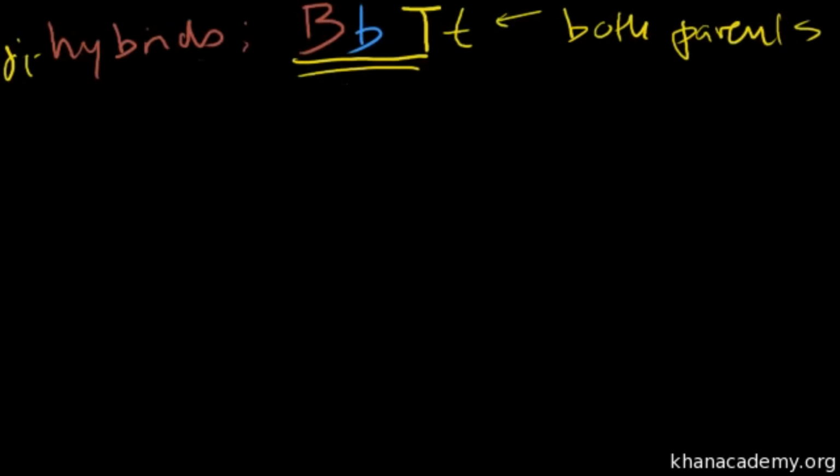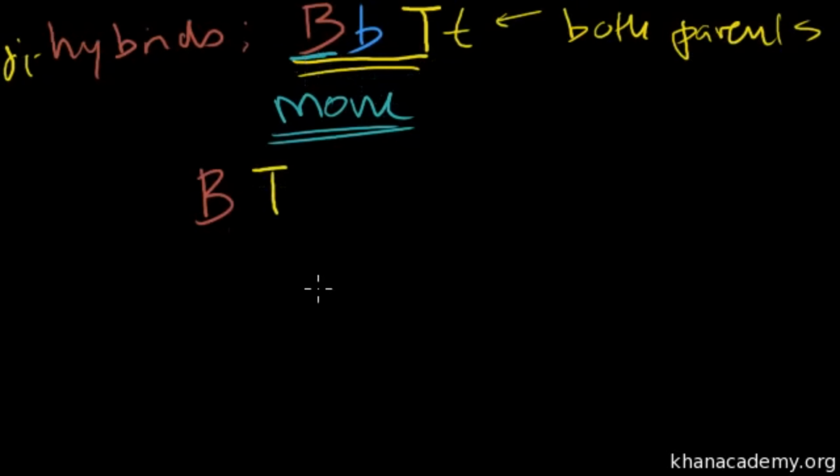So if I'm talking about the mom, what are the different combinations of genes that the mom can contribute? For each of these traits, she can only contribute one of the alleles. She could contribute the big brown allele and the big T. So this is one combination.